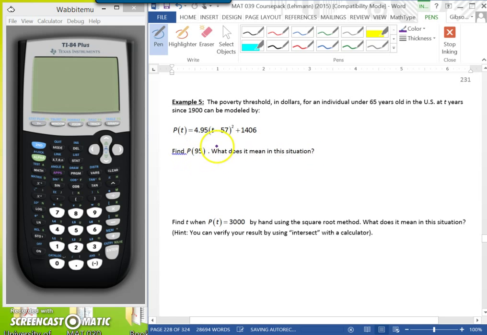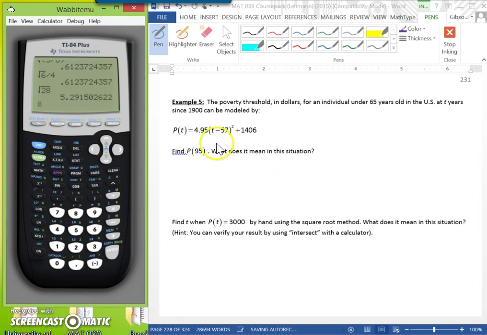Now, first of all, we could put this in our calculator. So 95 will replace T. So we could take 4.95, then we could do our open parenthesis. It'll be 95 minus 57. Close our parenthesis and take that parenthesis to the second power plus 1,406.